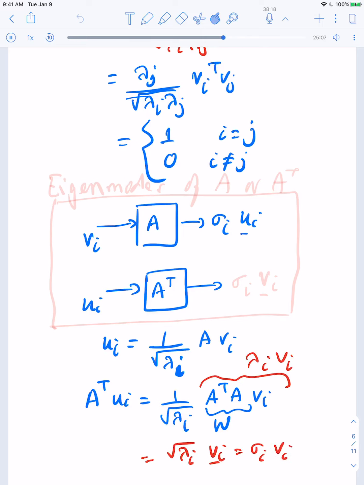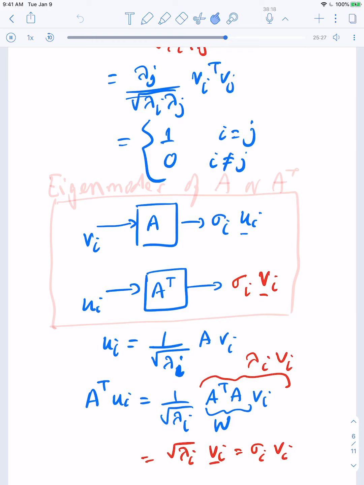So I can complete it happily and say, okay, this is sigma i Vi. I have just shown you that by defining the appropriate non-negative definite matrix, I can do the eigen decomposition of that, and that gives me the singular value decomposition for the original matrix A.